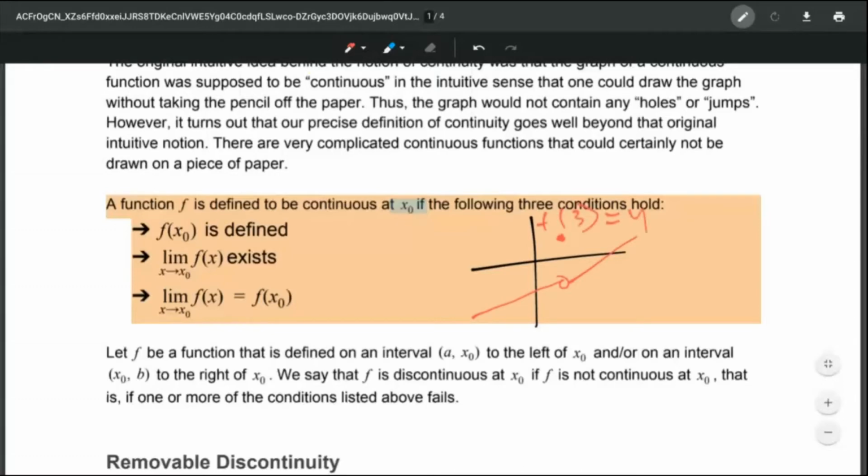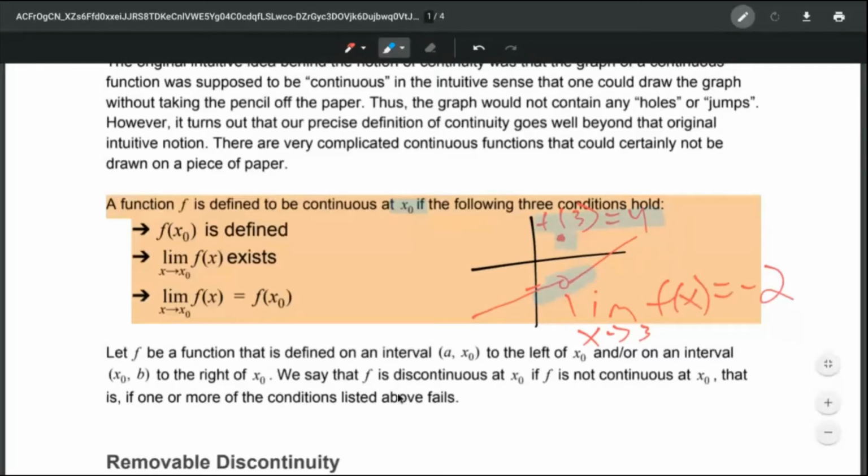But the limit as x approaches 3 of f of x is equal to negative 2. So the limit exists. It goes to the same value on both sides. And the function is defined for that point. But what it equals at that point is not the same as the limit. And so it's discontinuous at that point. It's discontinuous at x is equal to 3. I mean, you can see you would have to pick up your pen and put the dot there. So yeah, that would be discontinuous.